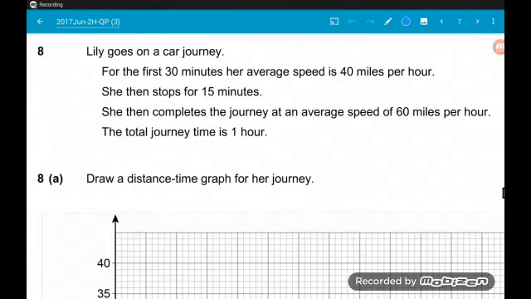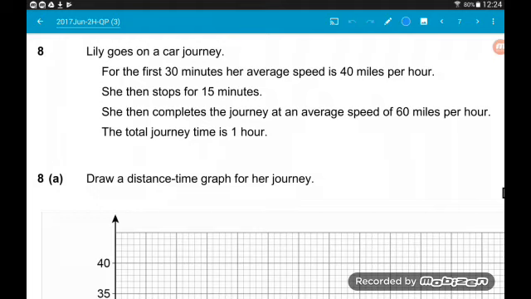Question 8. So here we have a distance time graph that we need to draw. Lily goes on a journey. For the first 30 minutes, she travels at 40 miles per hour. Then she stops for 15 minutes. She then completes her journey at an average speed of 60 miles per hour. The whole journey time is 60 minutes or 1 hour.